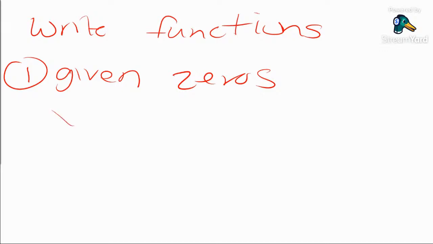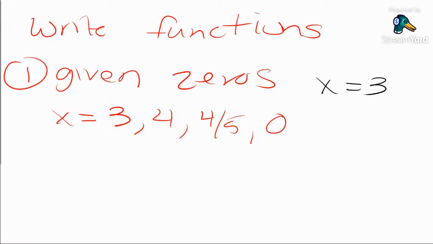So let's say we're told that x is equal to 3, 4, 4/5, and 0. To write this particular function, if you recall, what we end up doing is taking each of these separate zeros and getting all of it set equal to 0.